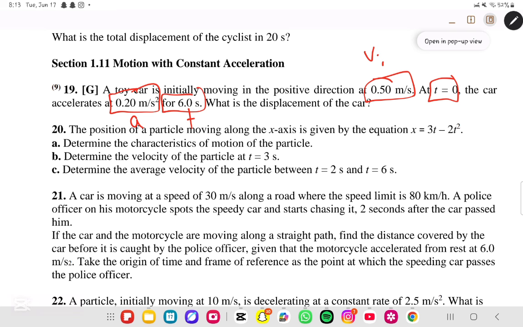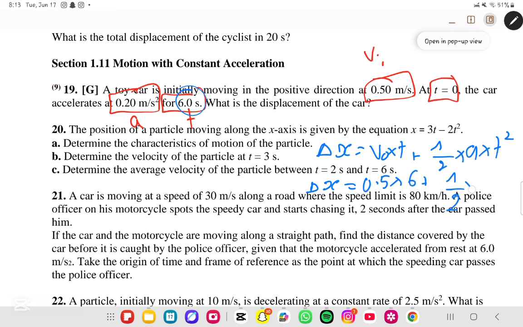So here, look what we're gonna do. We're gonna apply the equation that the displacement, delta x, is equal to velocity initial times the time, plus 1 over 2 times acceleration times the time squared. So delta x is equal to velocity initial, which is 0.5, times the time. What's the total time taken? It's 6 seconds.